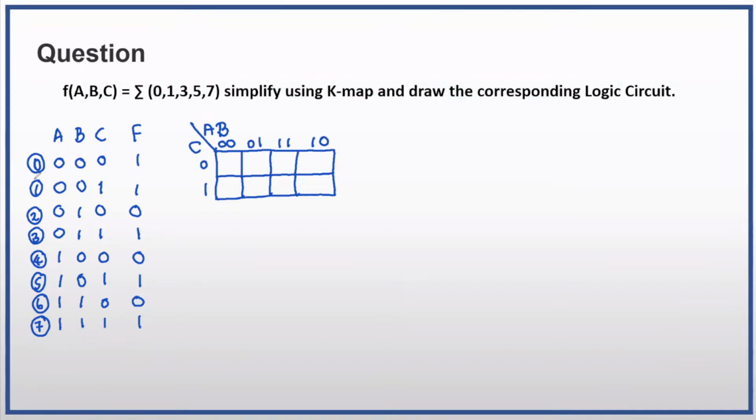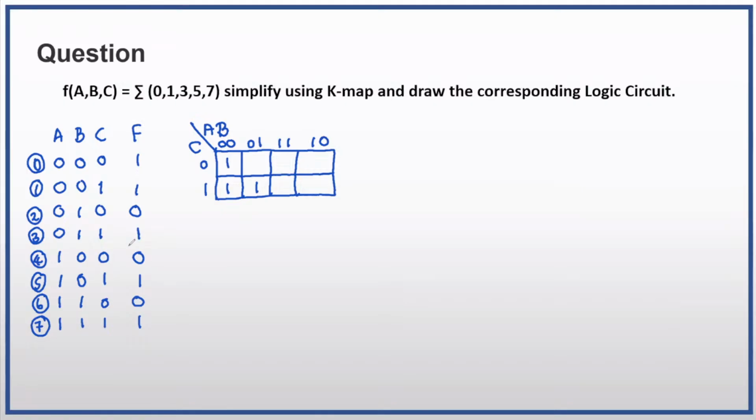So therefore what's happened? Now I'm going to read the values. So 000 is 1. And 001 also 1. And 011 also 1.